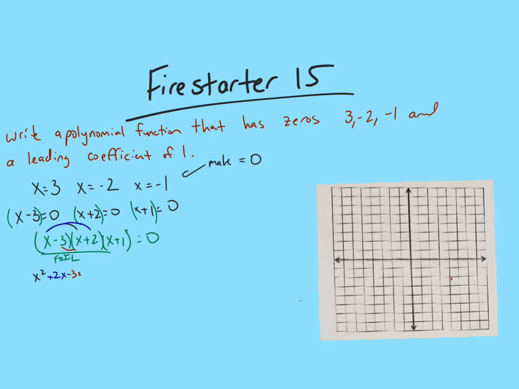Then I'm going to have -3 go to 2, give me minus 6. Combine my like terms. So this turns into x squared minus x minus 6. And the x plus 1 is going to drop back down.